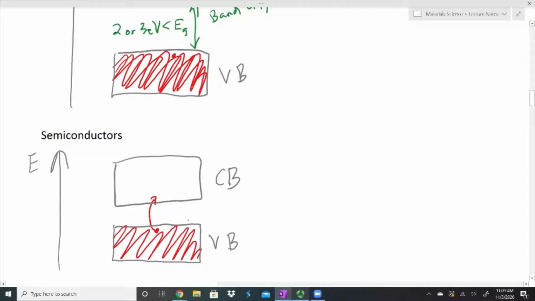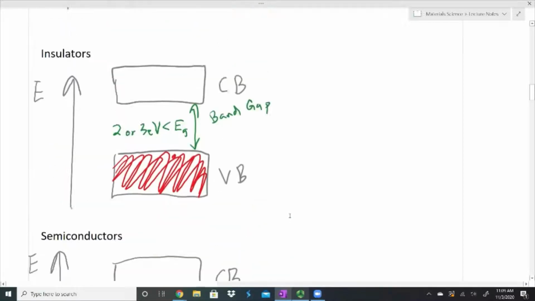And so I still have this band gap here, but in this case my band gap is less than 2 or 3 electron volts. And again, it just depends on the property that I'm looking at. Sometimes it's very close to about 2 electron volts. Sometimes it's very small. It can just be a fraction of an electron volt.